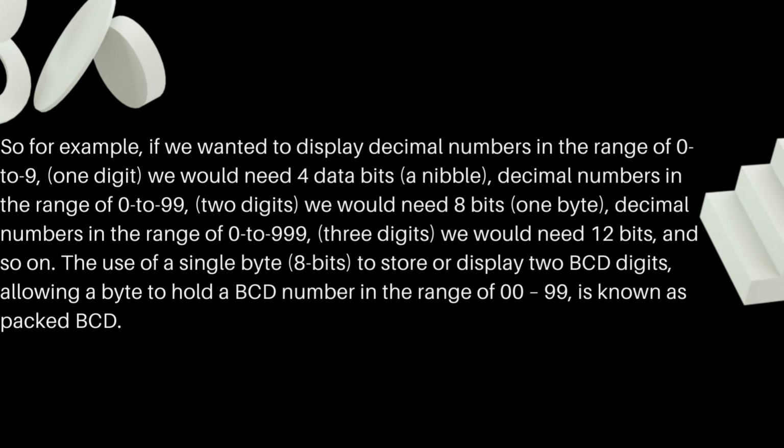So for example, if we wanted to display decimal numbers in the range of 0 to 9, 1 digit, we would need 4 data bits; decimal numbers in the range of 0 to 99, 2 digits, we would need 8 bits, 1 byte; decimal numbers in the range of 0 to 999, 3 digits, we would need 12 bits, and so on. The use of a single byte, 8 bits, can store or display 2 BCD digits, allowing a byte to hold a BCD number in the range.